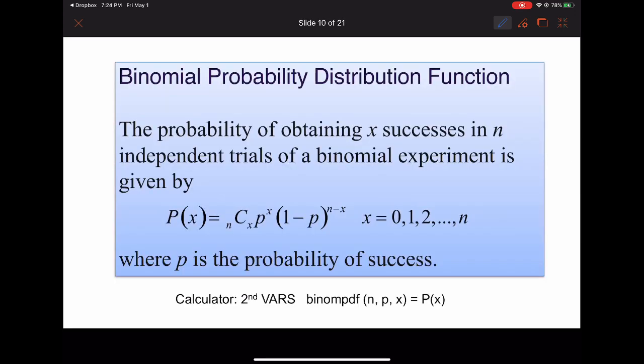A binomial probability distribution function. So we're determining the probability of obtaining X successes, so a certain number of successes, in N independent trials. So when we know the number of trials, we know how many successes we want. This is called a combination.